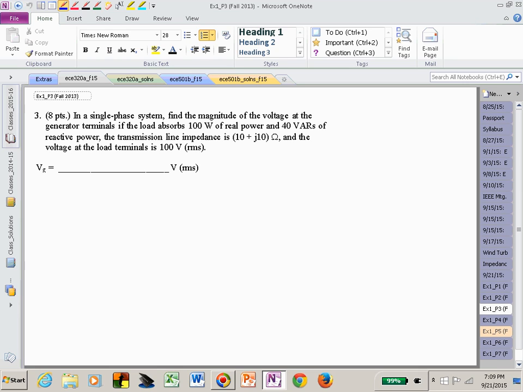So this one's playing with terminology and where things are located. You're asked to find the magnitude of the voltage at the generator terminals if the load absorbs 100 watts of real power and 40 VARs of reactive power. Transmission line impedance is 10 plus J10, and the voltage at the load terminals is 100 volts.